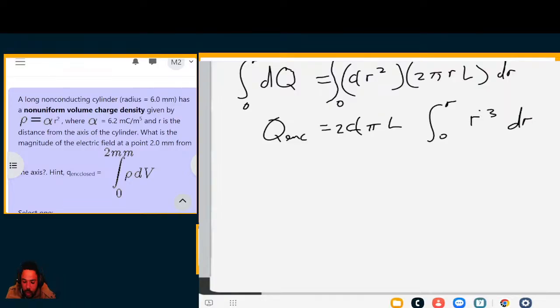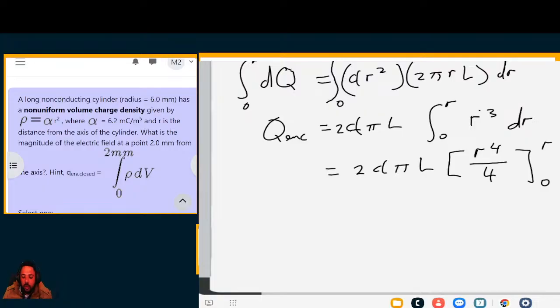And if you were to integrate that, that's 2 alpha pi L. That integral will become what? It will be r to the power 4 over 4. If you didn't miss your integration class, that is the integral.